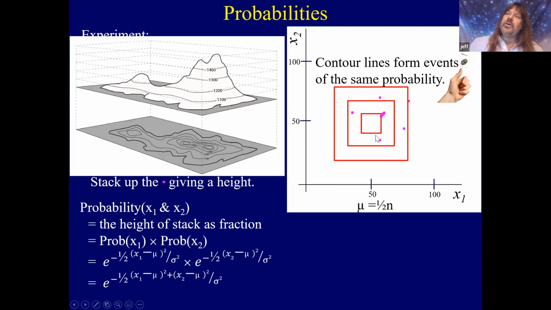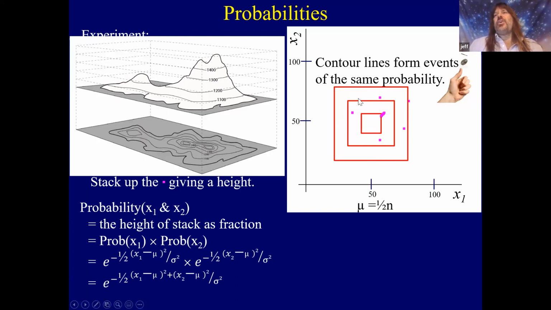Clearly, stuff in the middle is more likely than stuff further out, because you're more likely to get 50 the first time and 50 the second time. So there's definitely a hill here. And we can ask, well, what are the contour lines? A contour line is where everything along this line is the same probability.